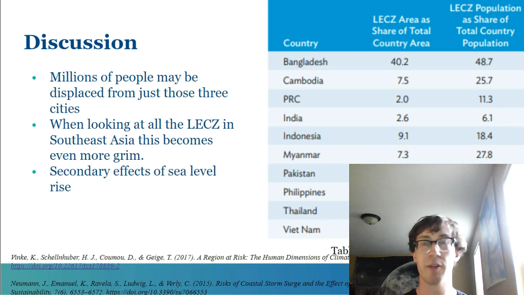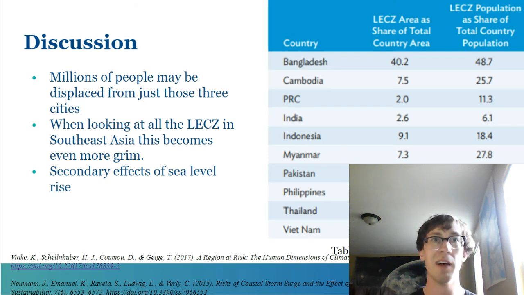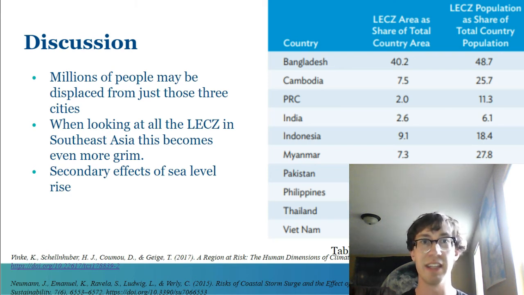So people are going to have to move just from those few reasons. And not to mention, people are going to have to move from an increase in extreme weather events, an increase in flooding, which is just going to push more and more people out of these low elevation coastal zones in Southeastern Asia.